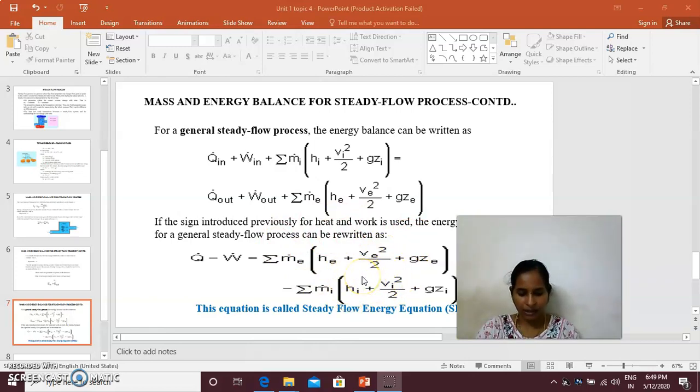Okay, so steady flow energy equation on unit mass basis is usually more convenient than the time basis, when only a single stream of fluid enters and leaves a control volume. When more than one fluid stream is involved, analysis is made by SFEE on time basis, unit time basis.